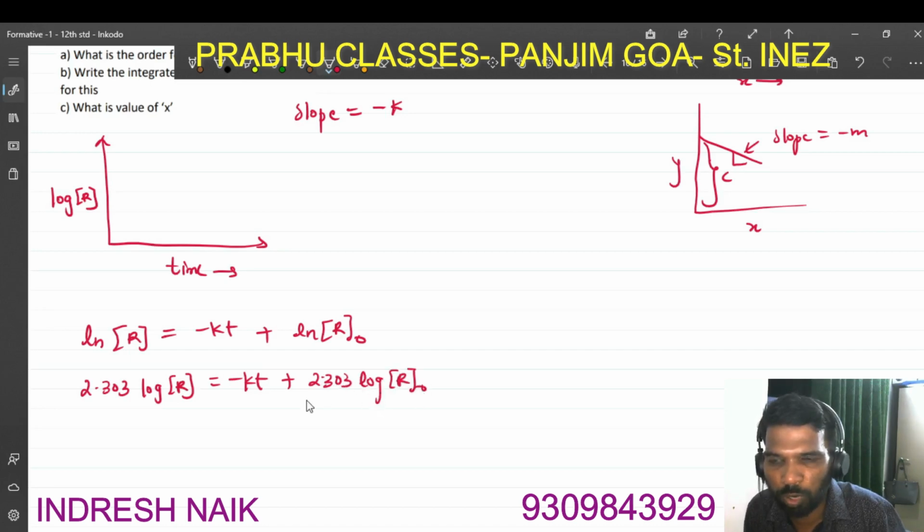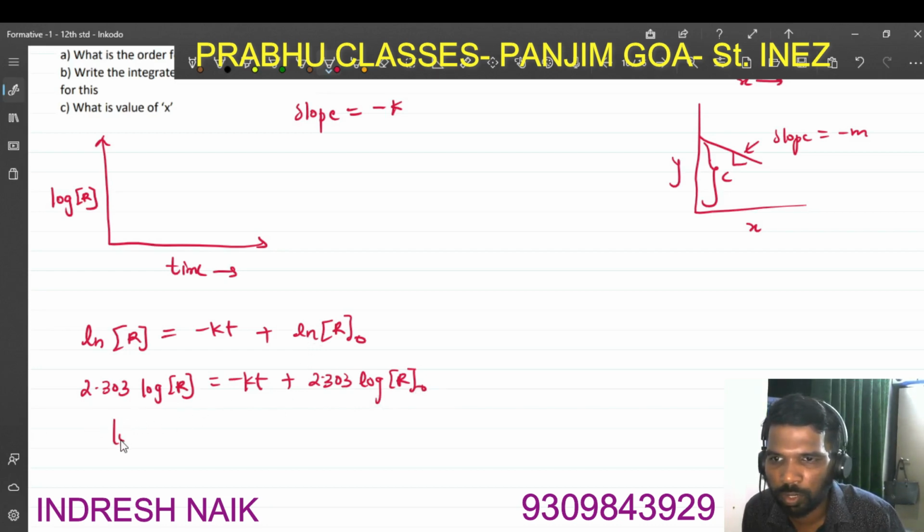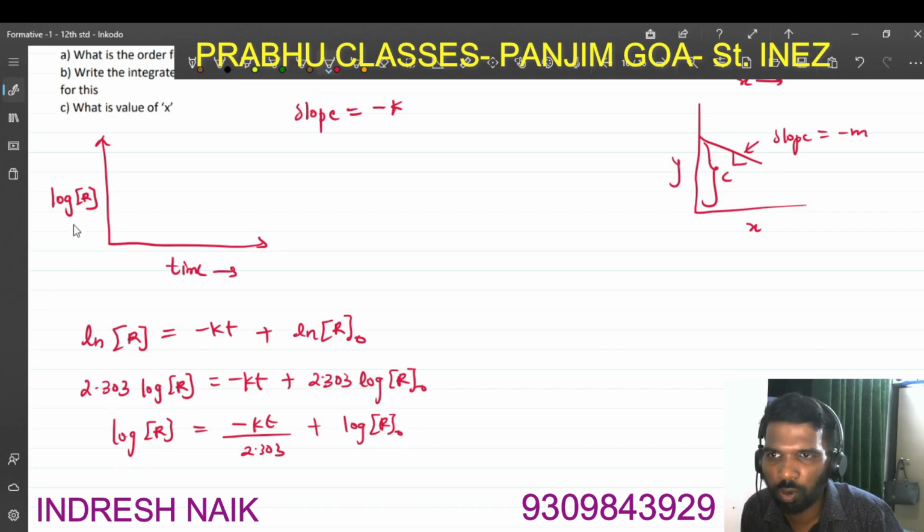See, I am not multiplying it throughout. I'm just converting ln to log. Divide the whole equation by 2.303. What you get is log of r equals minus kt upon 2.303 plus log of r0. So you will be plotting a graph of log of r versus time t, right?